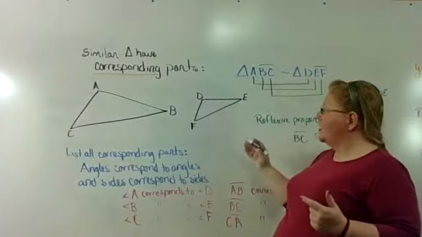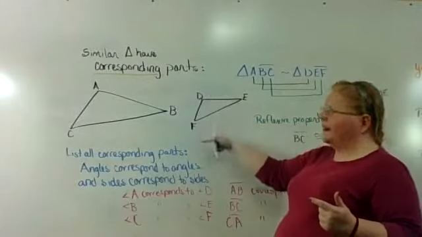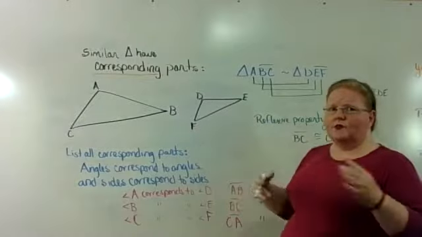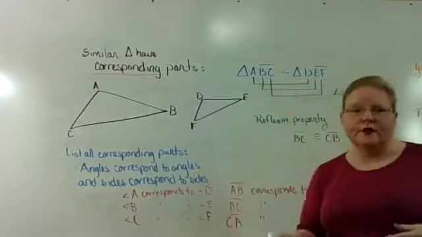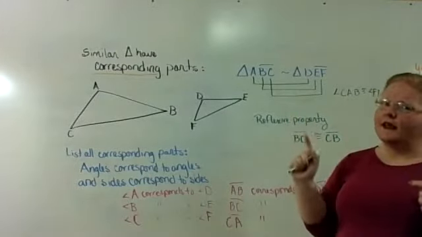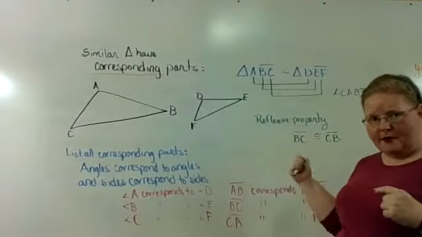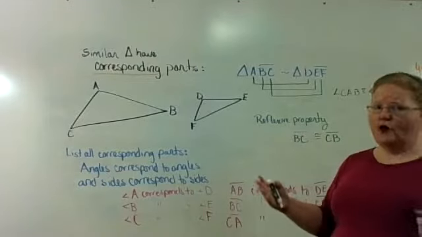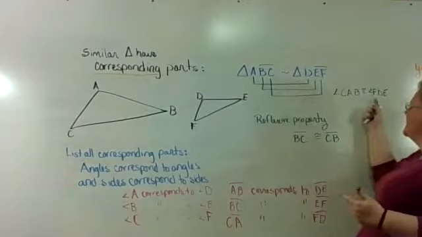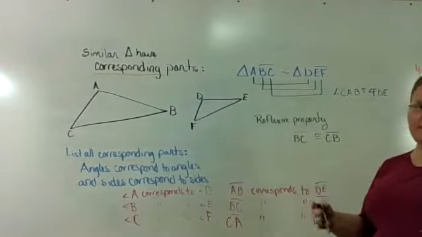So I can't call it congruent to angle EDF. I would have to put that extra step in there saying the angle EDF is congruent to angle FDE by the reflexive property, because it's the same thing. And therefore, we can say that angle FDE is congruent to angle CAB.